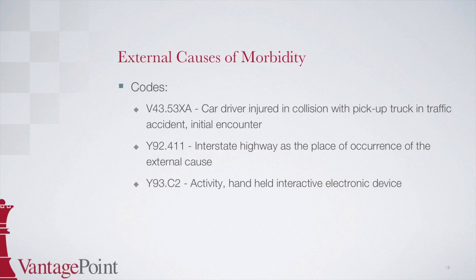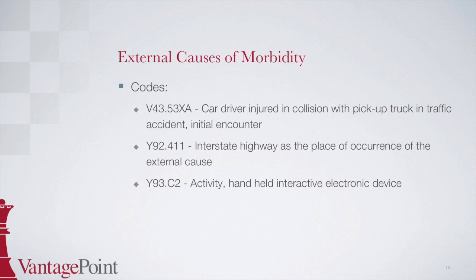To locate this code, you would start at the index to external causes, then go to accident, then transport, then car occupant, and then driver, because we know this patient was the driver, and then indented below is collision with, with the word with in parentheses, followed by pickup truck, traffic in parentheses, which points to V43.53 with a checkbox indicating that more digits are required.